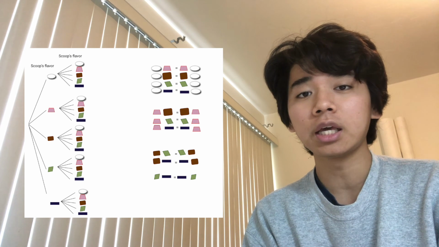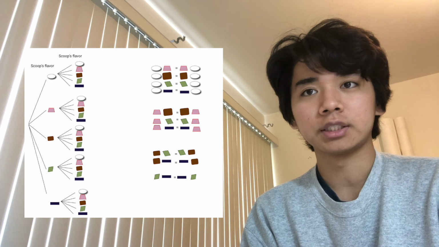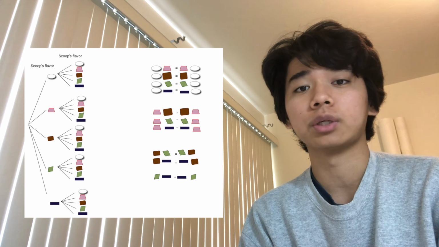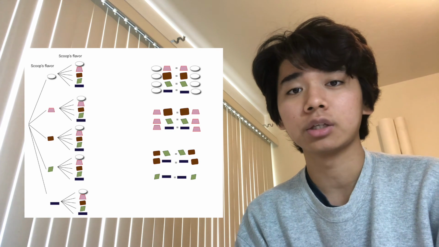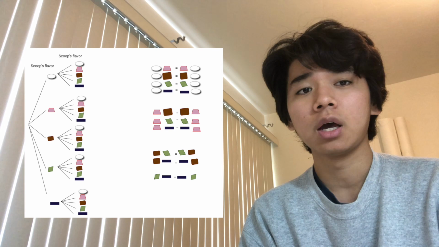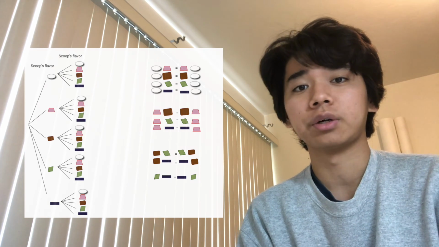It's on a key on the right side of the tree diagram. For example, I put vanilla and strawberry equals strawberry and vanilla, and so on and so forth. They're really the same thing. So we have to remove those combinations, which are 10 of them in this case. So 25 minus 10 is 15. So in this scenario, there are 15 different combinations.